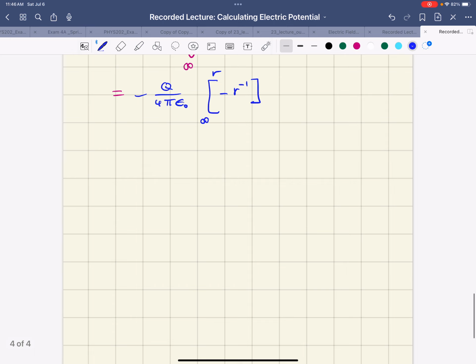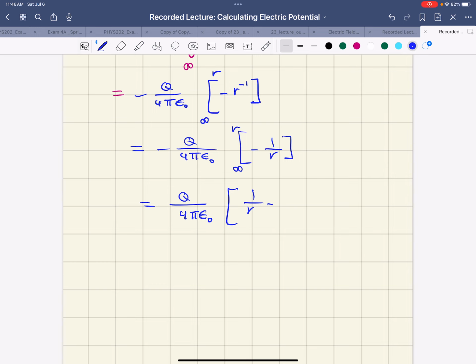I can write it this way, in more detail: negative 1 over r from infinity to R. Finally, this is going to be a plus, because it is negative 1 over R minus 1 over infinity.